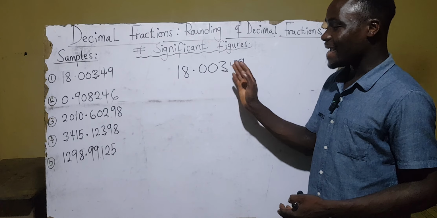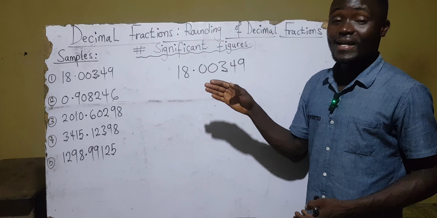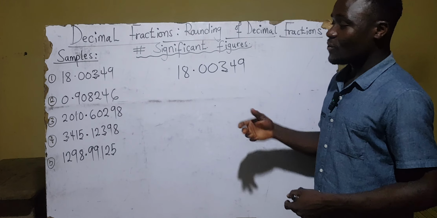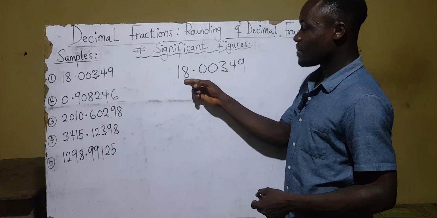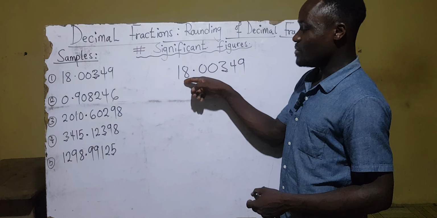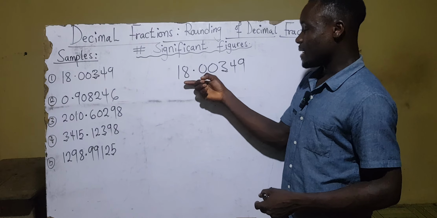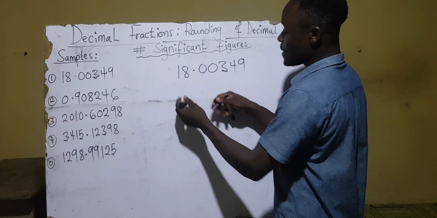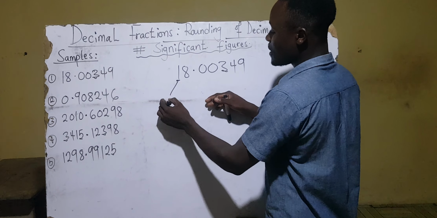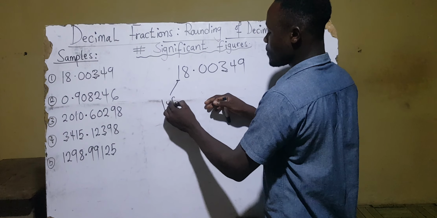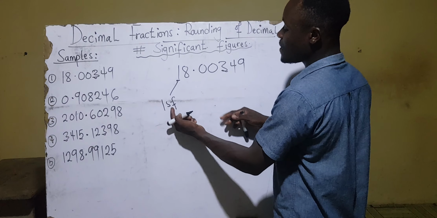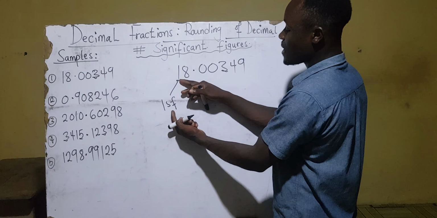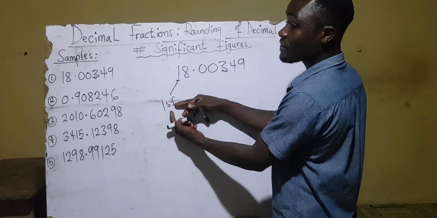So let's start by identifying the significant place for each of the digits here. With significant place, we start with the digit before the decimal point, which is this, then after. The 1 here contains one SF. Remember, I am using SF here in place of significant figure.